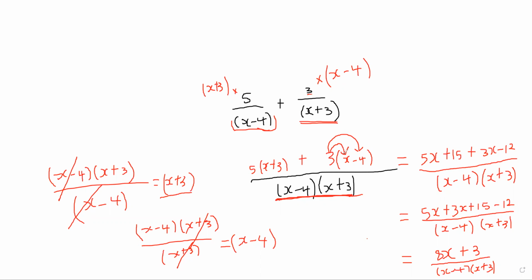So we get 3 open bracket x minus 4 close bracket. And now what we do is remove the brackets, group the like terms, and then solve, right? Nothing too difficult. You've got to practice. Maths is about practicing. So take this down, make sure that you understand it, and then we'll move on to something new.